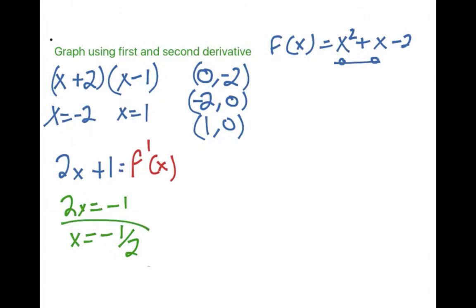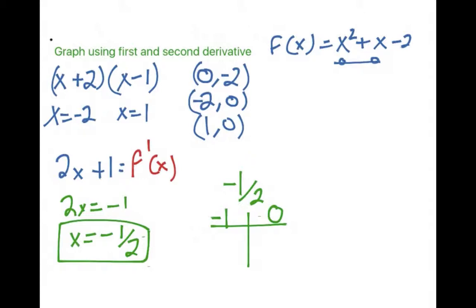Now, in order to be sure what this critical number means exactly, we need to make a chart. So we put the number negative 1/2, and on both sides we put a number greater than and less than it. In order to make our life easier, I'm going to use 0 and negative 1.